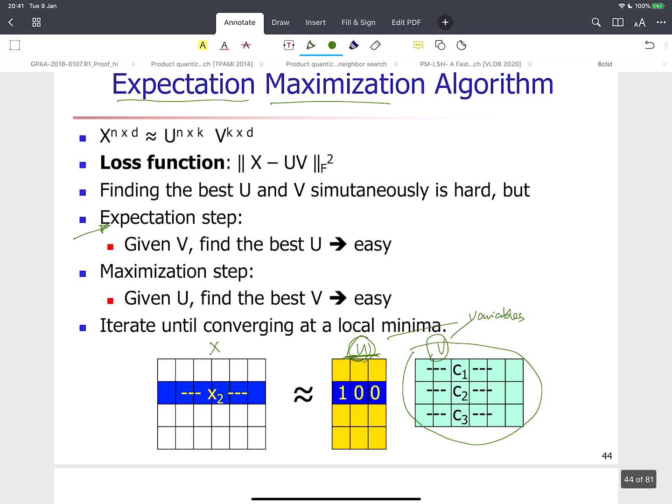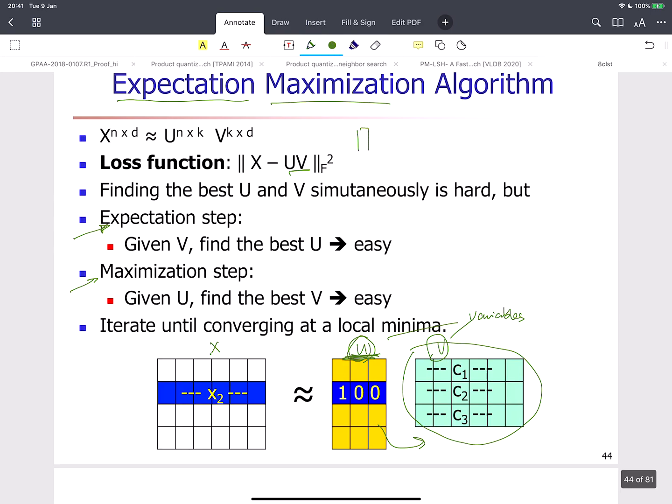And then you do maximization: given the U's, you update and try to find the best V's, and you iterate between U and V. So you can think about it, okay, here the parameter is, if you treat U as a long vector.